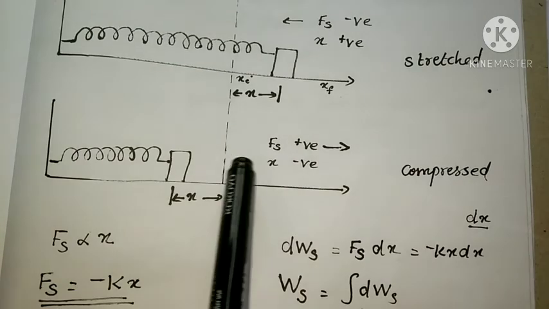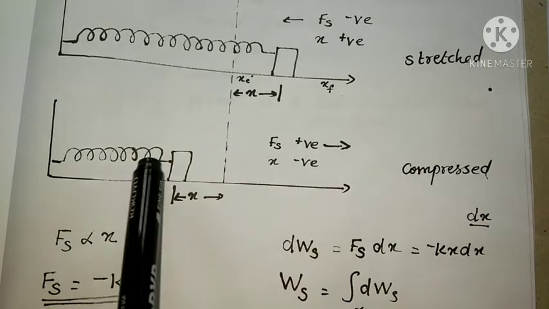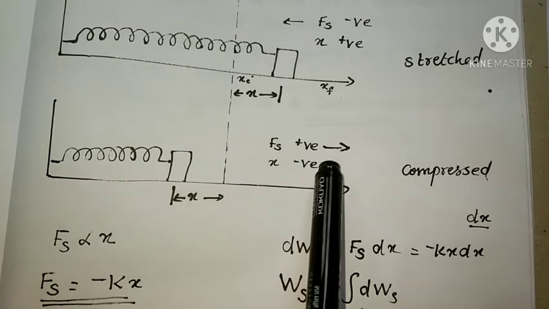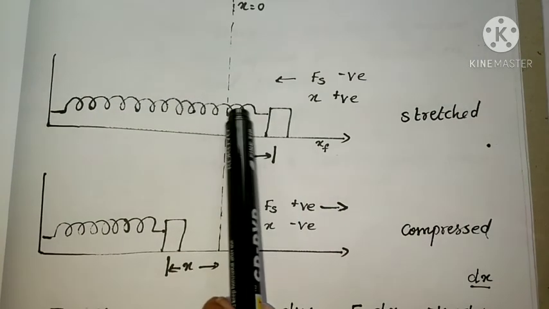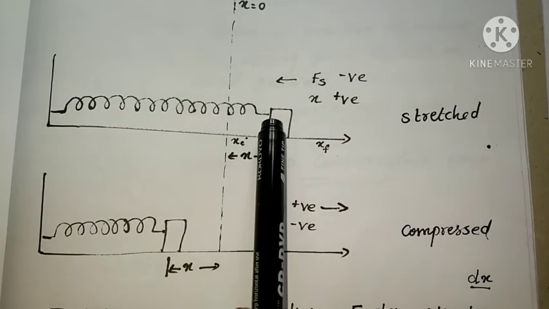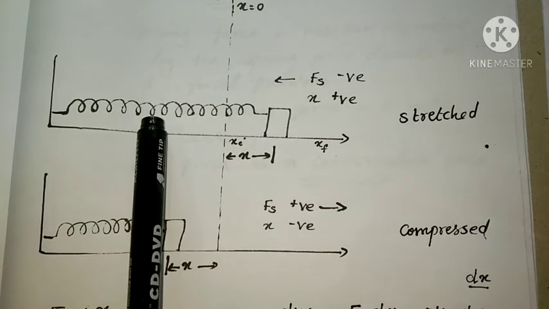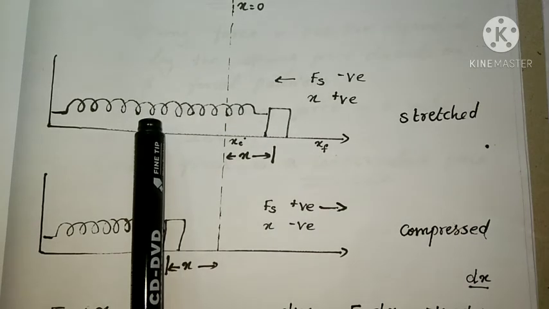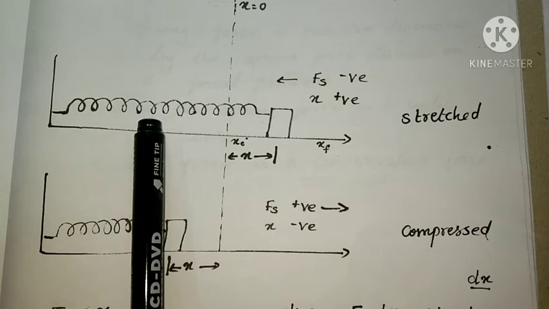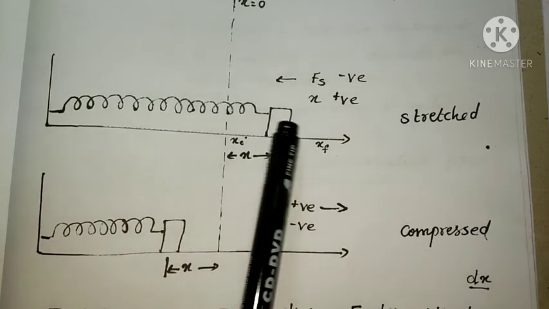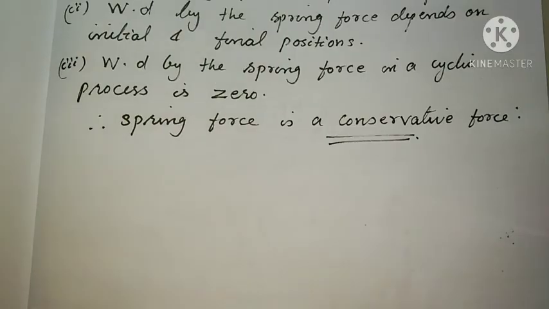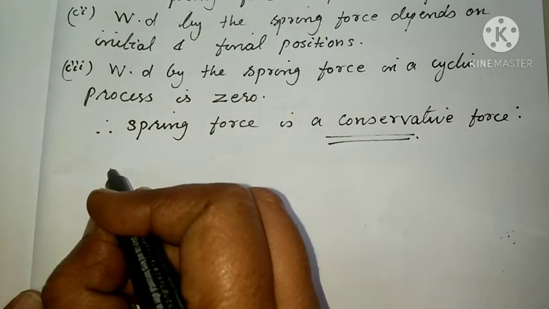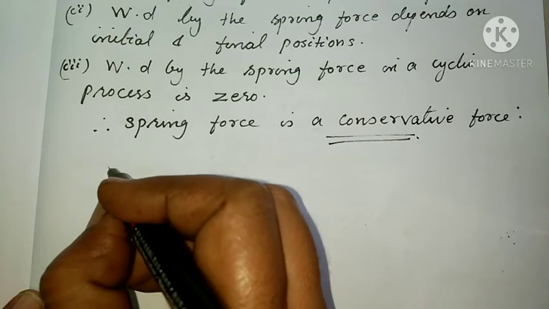So here the applied force and the spring force are in the opposite direction. In this case also, the applied force is in the positive direction, then the spring force is in the negative direction. So we can write that the work done by the applied force is equal and opposite to the work done by the spring force.